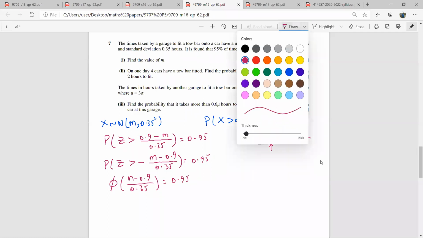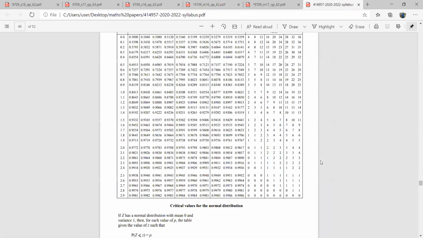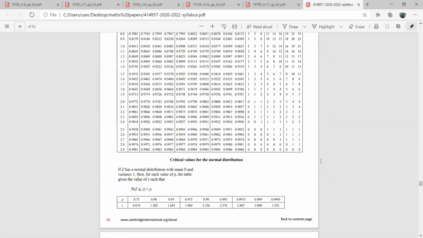Then we can write it as (m minus 0.9) over 0.35 is phi inverse of 0.95. If you go down here to 0.95, this is 1.645. So these are the critical values, very typically used. So we can find this z value very quickly from here. So it's 1.645.